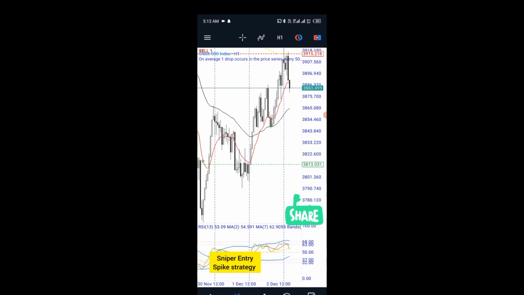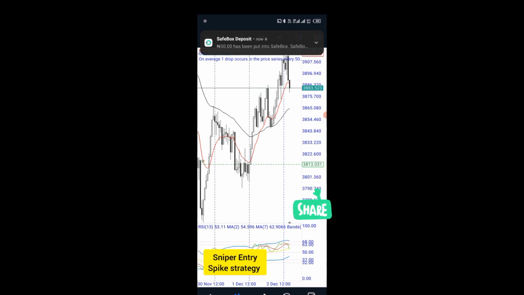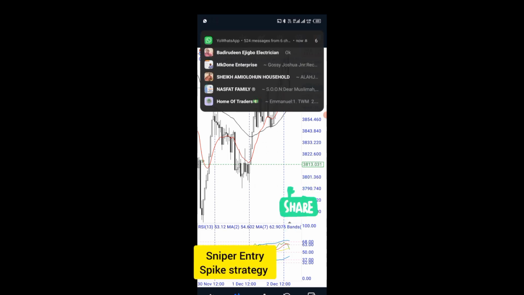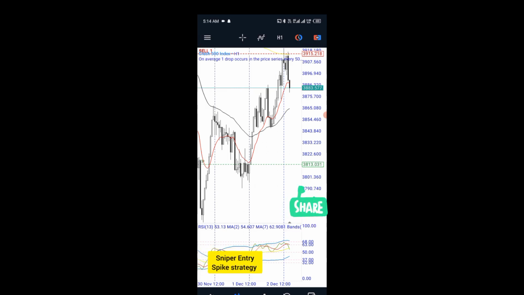Now basically, with the TDI, TDI is a powerful indicator that we use, and it's still one of the best leading indicators. We have lagging indicators and we have leading indicators. What we mean by lagging indicators is that they tend to change only after a little difference in price.